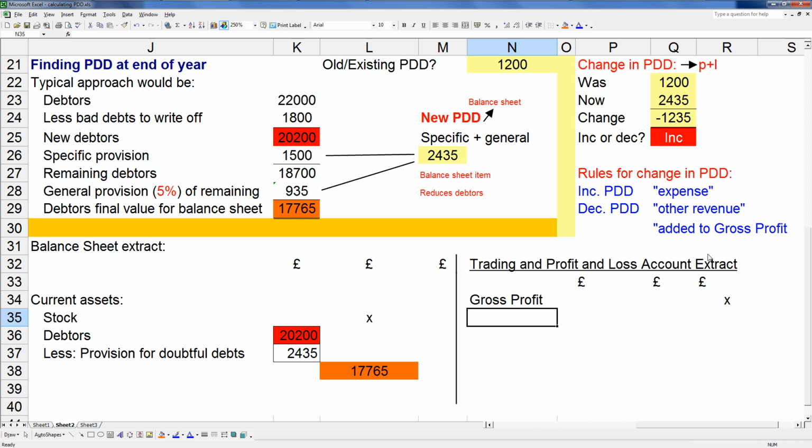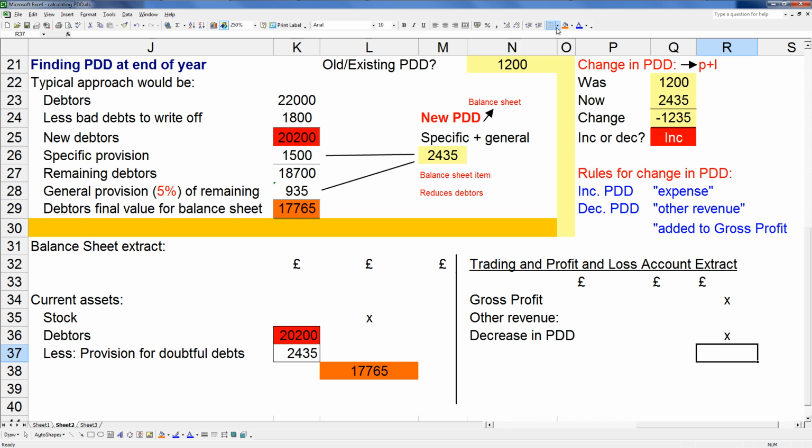So gross profit, we've got a value, we've got other revenue, other income, and then what would this be? If it's other revenue, so if it's a decrease, then you're looking for a decrease in PDD, and then you put the value over here, and then you simply show the maths. So a decrease in PDD is other income, so it's a positive value which is going to go into increased to the bottom section here.